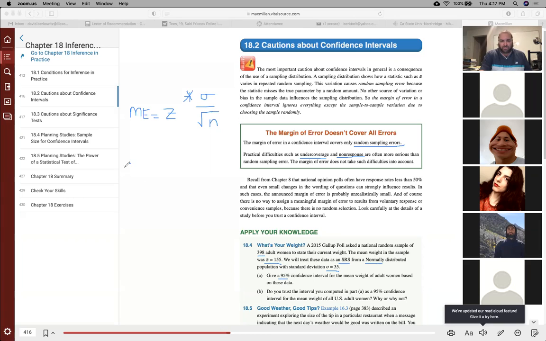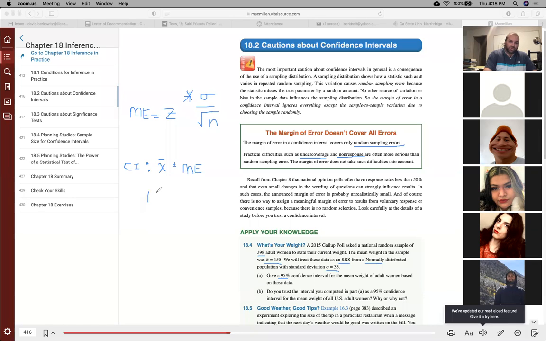So first, what's the generic formula for confidence intervals? X bar plus or minus margin of error. Excellent. In our example, X bar was what? 155.